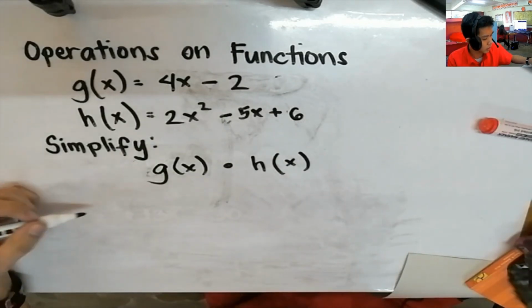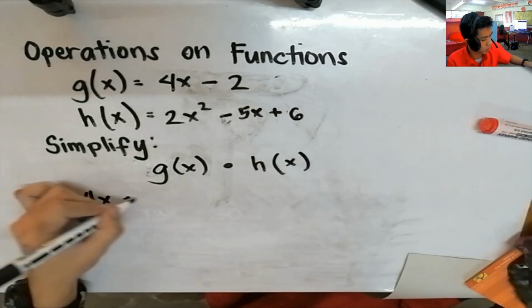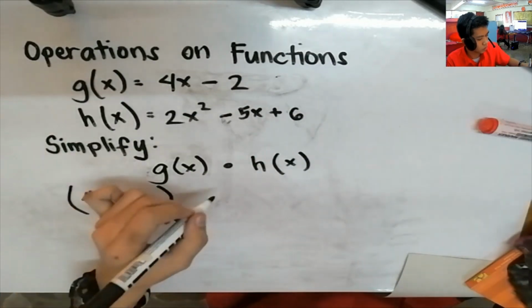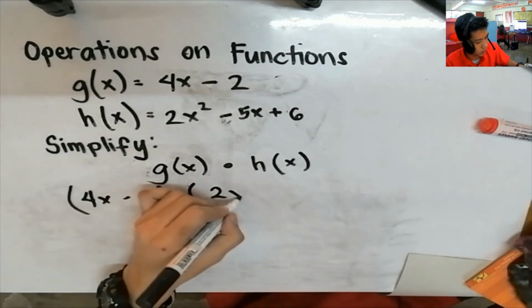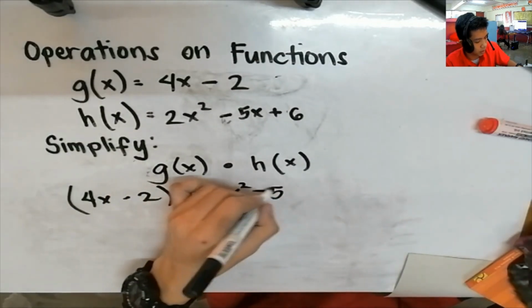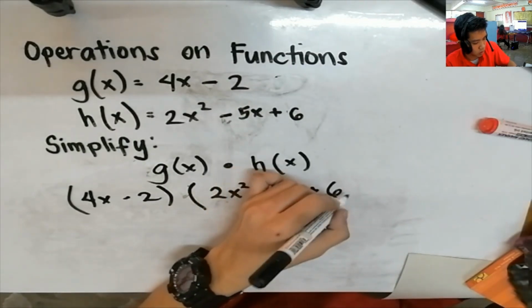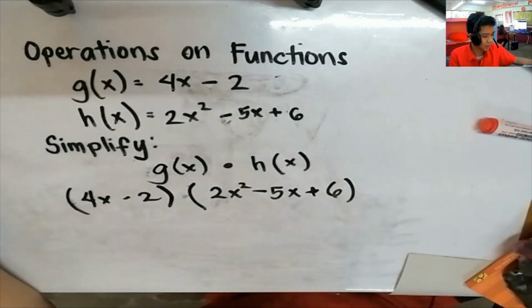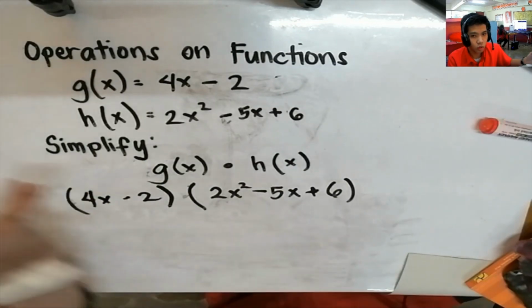Again, substitute g of x with its value: 4x minus 2 times 2x squared minus 5x plus 6. To multiply expressions, we have to use the distributive property. In the distributive property, we distribute each term in the multiplicand to the multiplier.